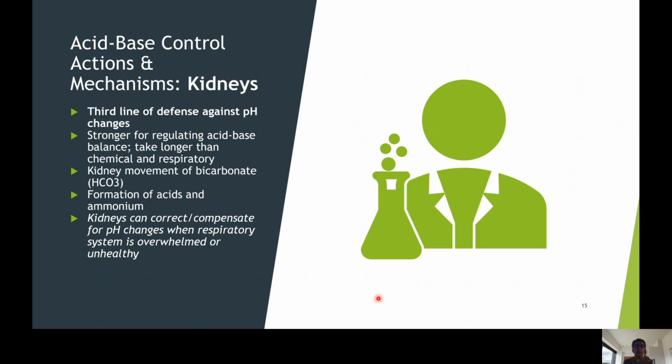The kidneys are effective to help balance blood gas imbalances by the movement of bicarb. So it's either going to be increasing the retention of bicarb or getting rid of it. Also, there's formation of acids and ammonium, and the kidneys can correct and compensate for pH changes when the respiratory system is overwhelmed or unhealthy.